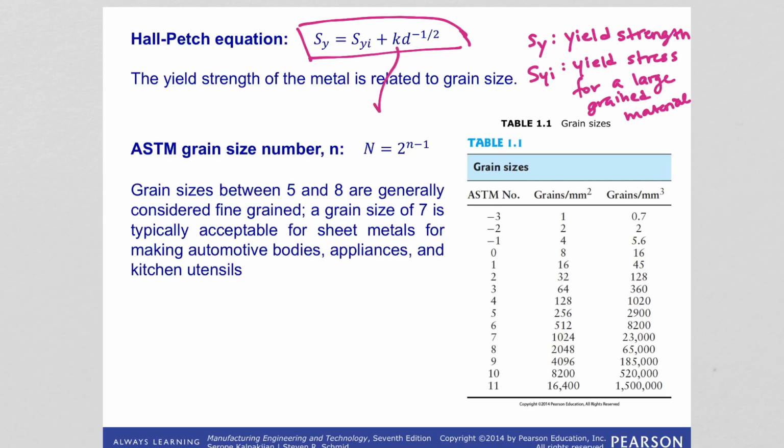The K here is basically a constant, and D is the mean grain diameter.